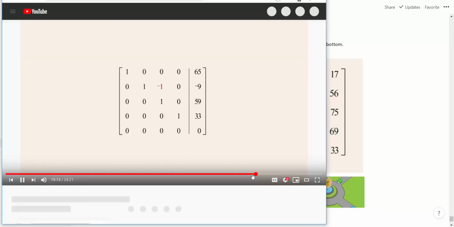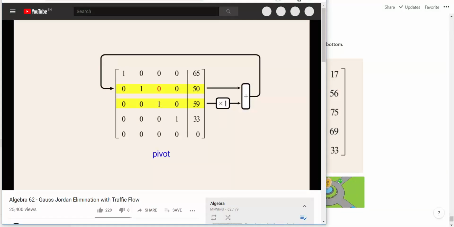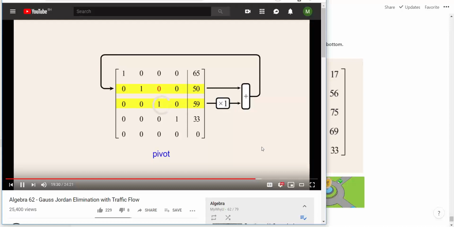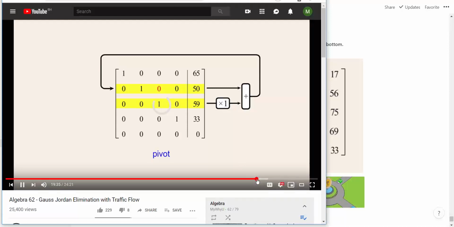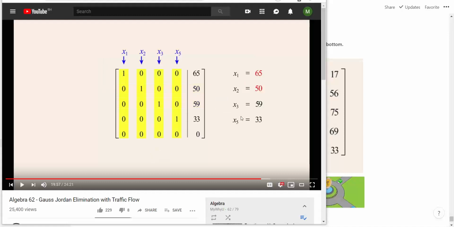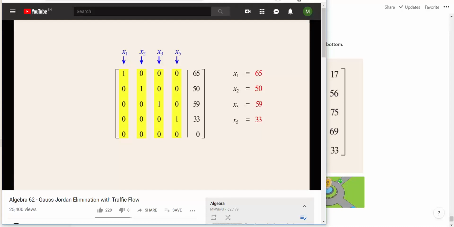Adding 1 times row 3 gives us a matrix that yields the solution of 59, and 33 vehicles per minute.